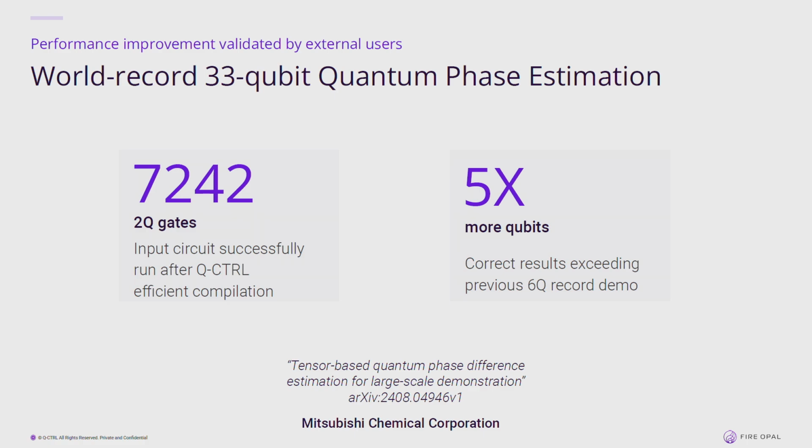And we are very proud to show, for example, the world record 33-qubit quantum phase estimation using this pipeline that was able to run with 5 times more qubits than the previous record result. And this is the result in this paper on the arXiv there. And we have quite a few other examples of users reporting these kinds of results.